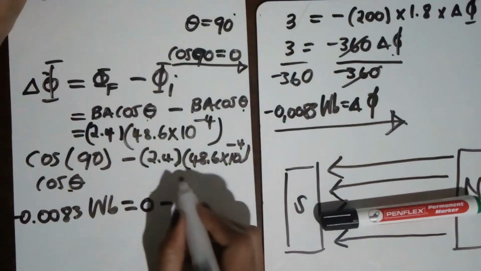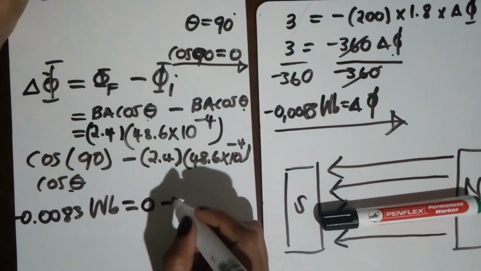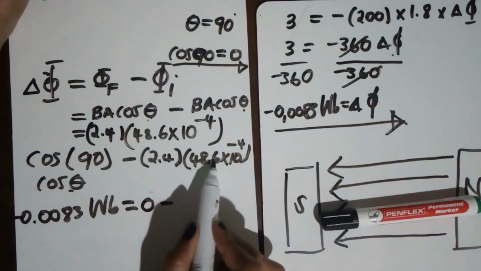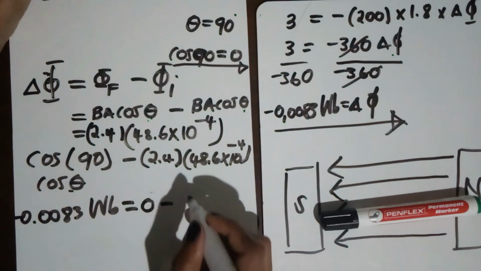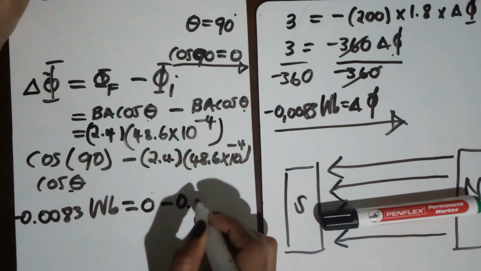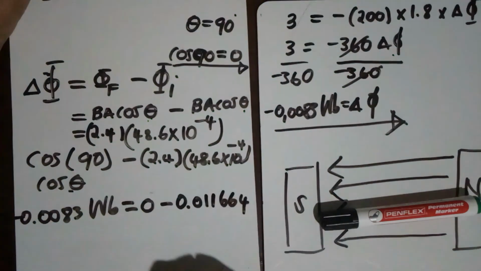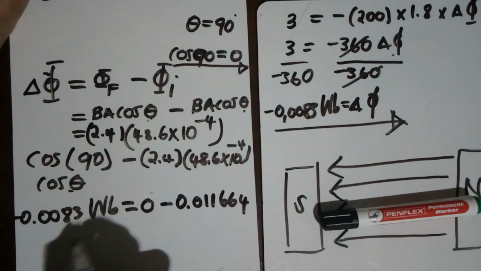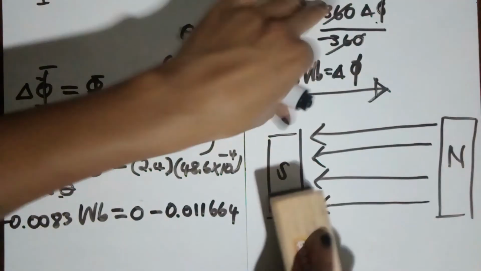And then you have your values over here. If you multiply the negative of 2.4 by 48.6 multiplied by 10 to the power of -4, you're going to get a value of 0.011664, right? But this is also multiplied by, let me do this so that it's clear.